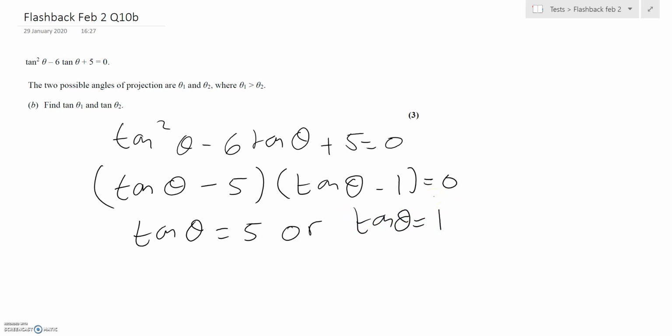Now which one is theta 1 and which one is theta 2? Well, we're told that the angle for theta 1 is bigger than theta 2.